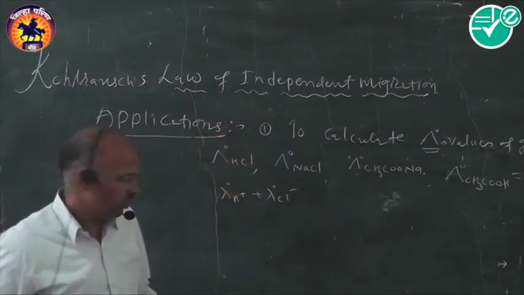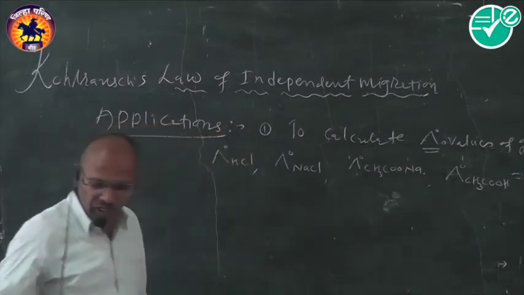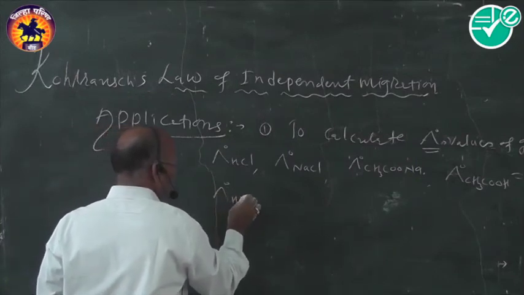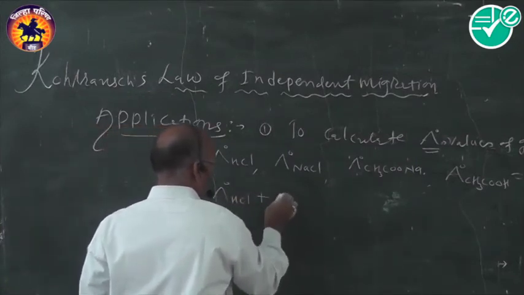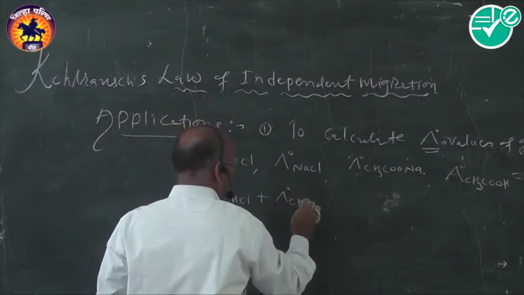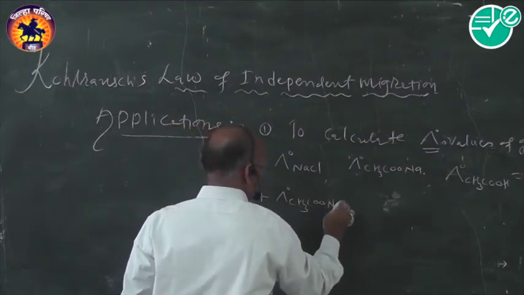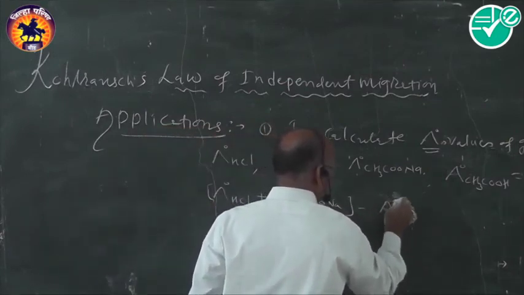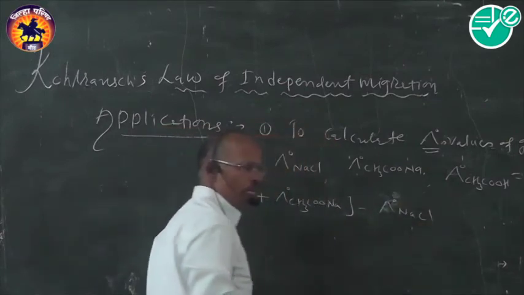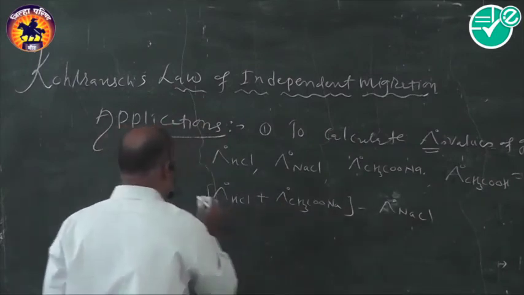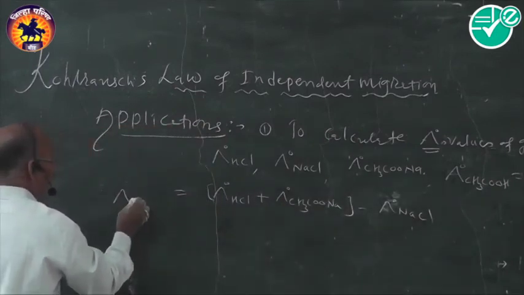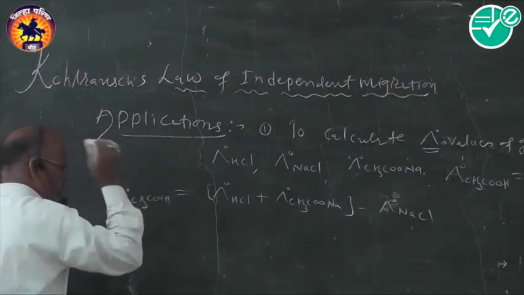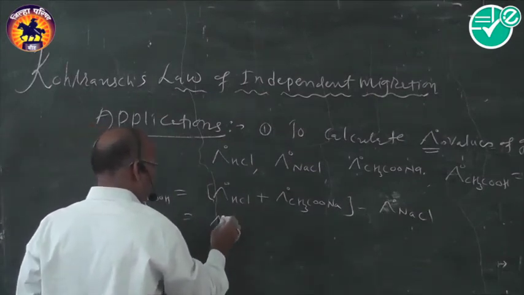Or we can go one step further: lambda 0 HCl plus lambda 0 sodium acetate minus lambda 0 NaCl. If we work this out, we get lambda 0 of acetic acid.